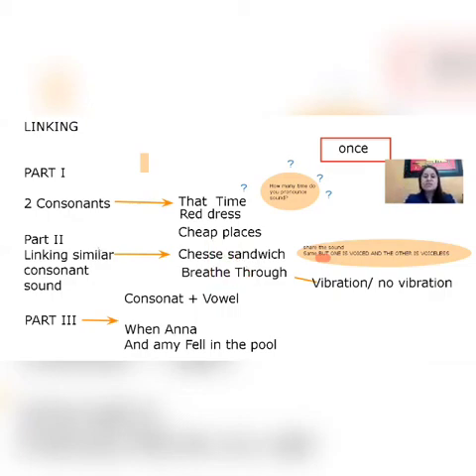And the last part, which is so important and people used to know it, is part number 3, when you have a consonant plus a vowel. What is this topic about? You have here a consonant, and you also have a vowel. What happens? The same. You have to link the two words in order to have fluent pronunciation at the moment of speaking, right?